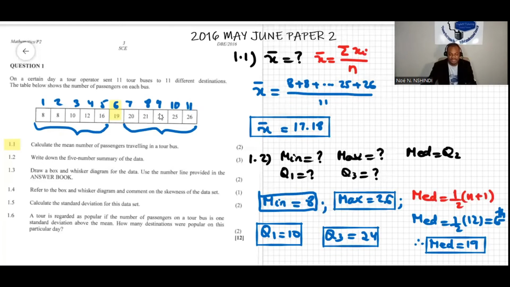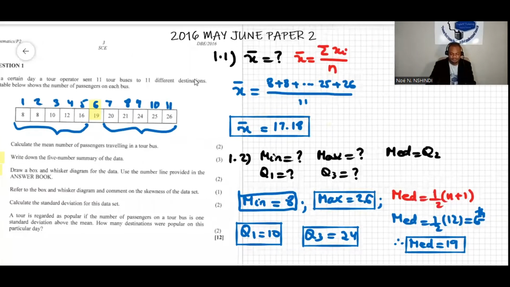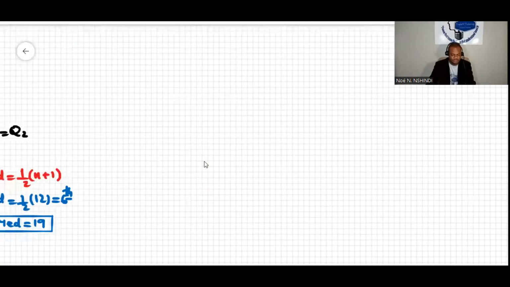Now, this was question 1.2. Now we do question 1.3. The question says, draw a box and whisker diagram for the data. Use the number line provided in the answer book. So I'm going to use the number line provided in the answer book here.